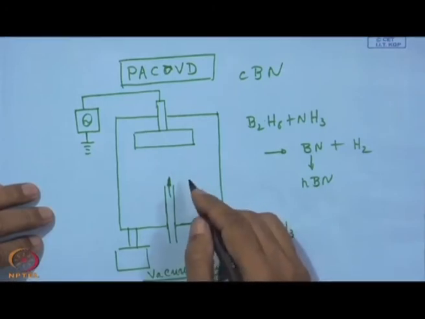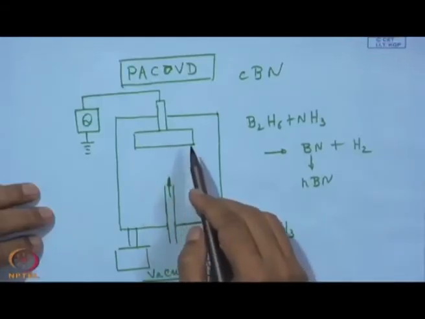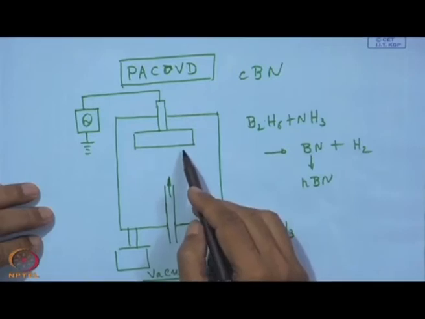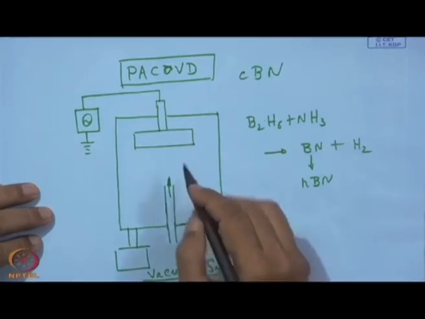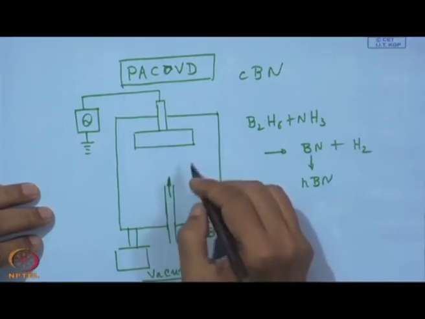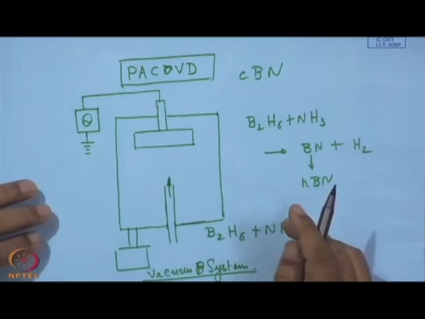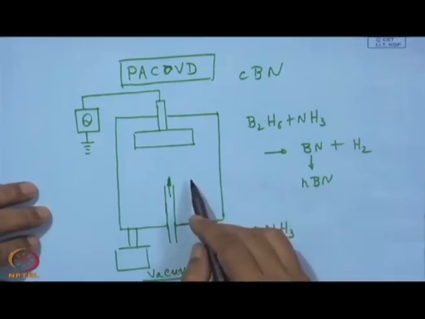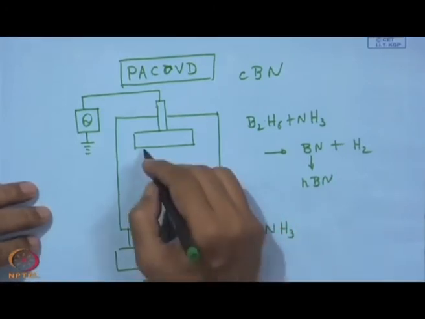From this cathode, secondary electrons will be emitted, and during their movement towards the anode, they will be repelled by this cathode, which is also charged negatively. So, they will oscillate, and in the process they can break some of the neutrals, liberating ions. Finally, it is ions which are going to impinge on this surface.